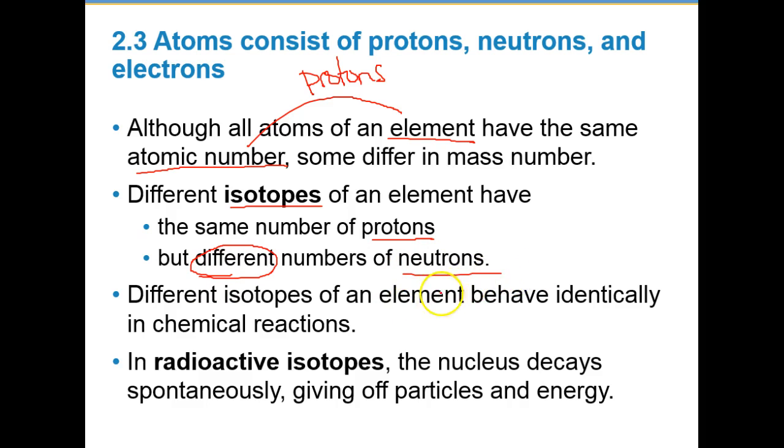Okay, so different isotopes actually behave identically in chemical reactions because the neutron doesn't have any charge, so it doesn't affect the way that it interacts with other things. It just makes it a little heavier. Okay, so they react the same.